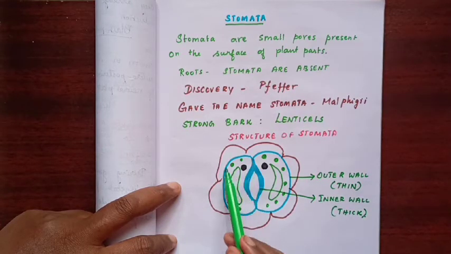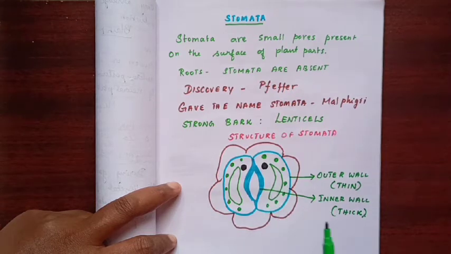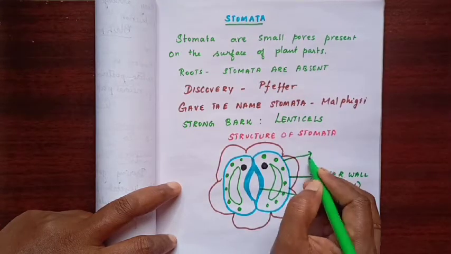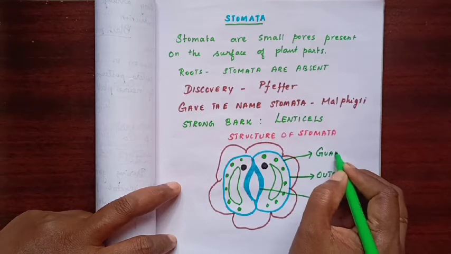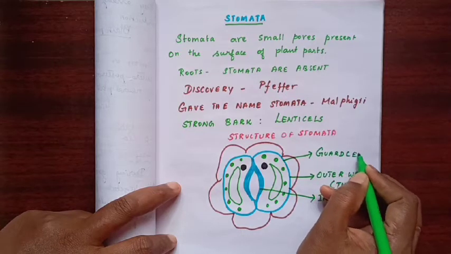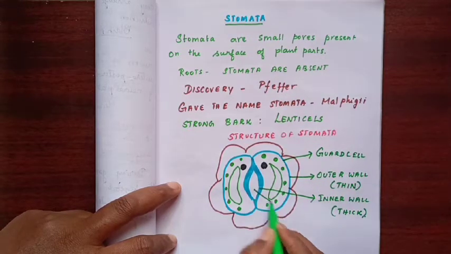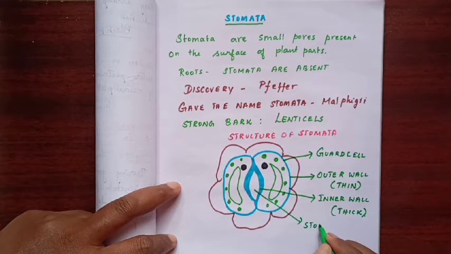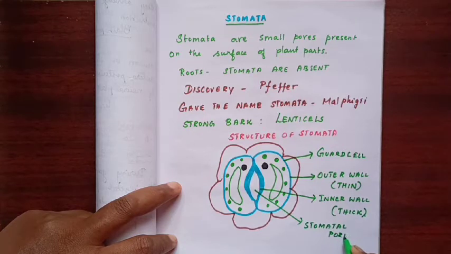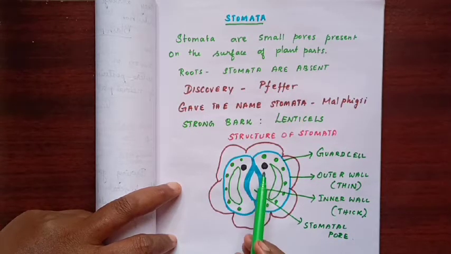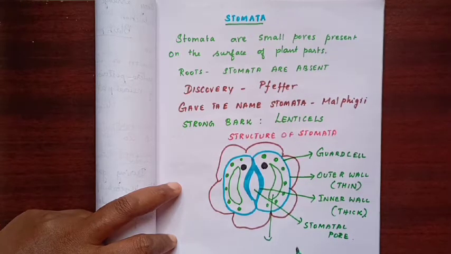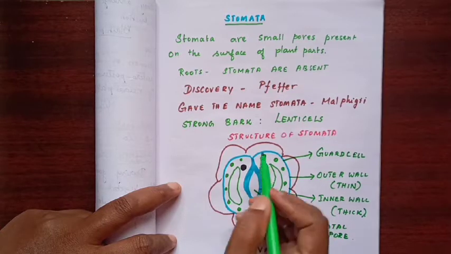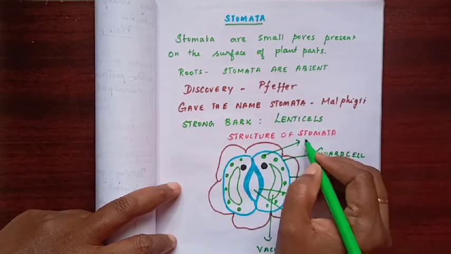So, there are two kidney shaped cells or guard cells. So, these are called guard cells. And this is called stomatal pore. Guard cell is one of the plant cell. So, this structure we call it as vacuole. This is called chloroplast.